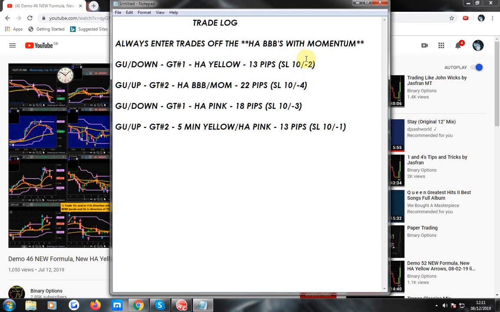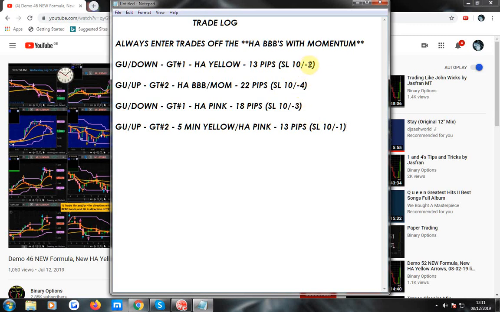There, see? Then you took the GU up, golden ticket number 2, a trend trade. It was a HA BB band with momentum. There was no arrow, but you had momentum with a HA BB band. You made 22 pips on that. You had a stop loss of 10. Let's say it went 4 pips against you.